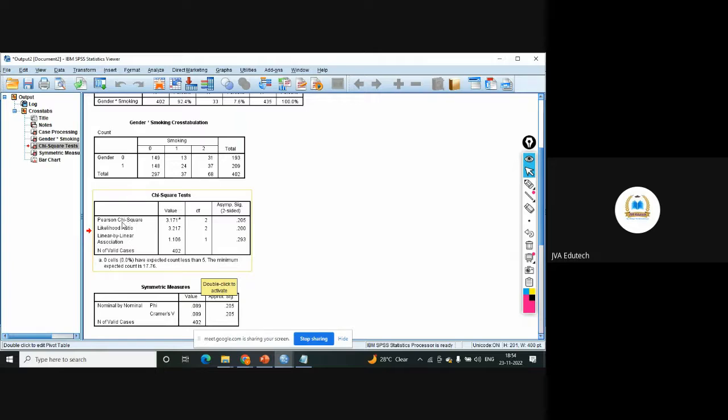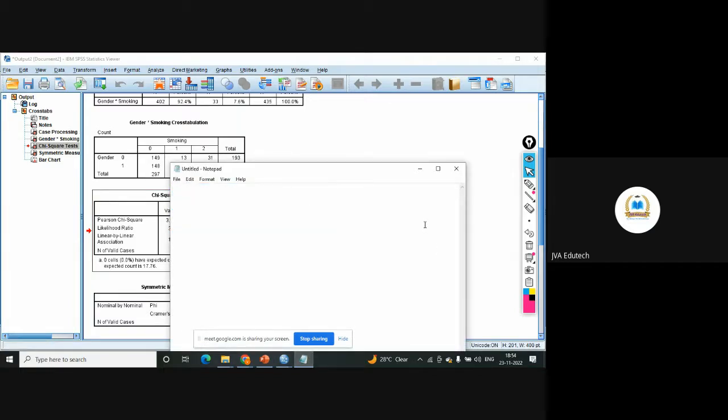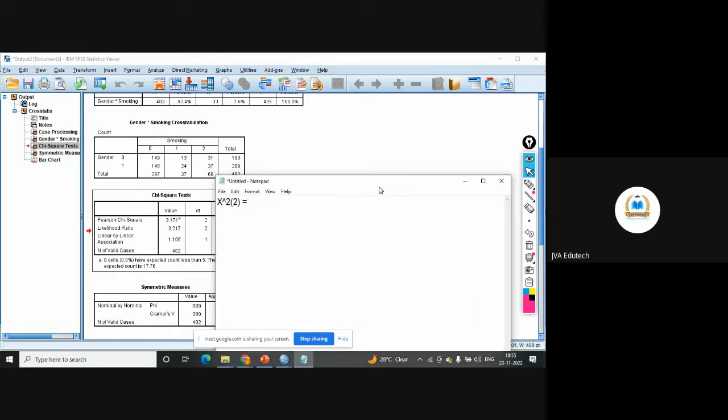So the first thing is that the Pearson chi-square that you are getting is 3.171, which is non-significant. How can we write it? Chi-square at the degree of freedom 2 is equal to 3.171.